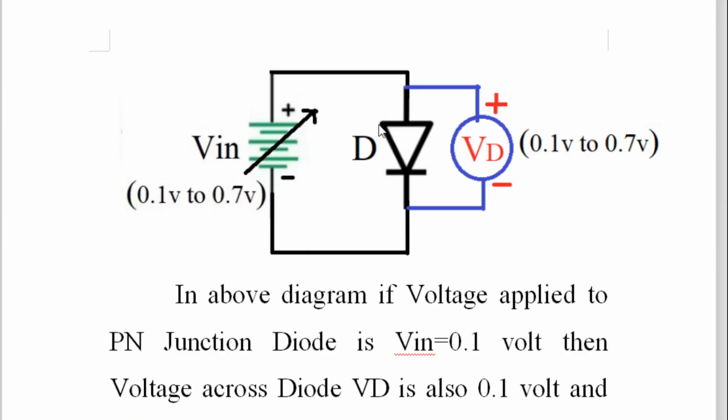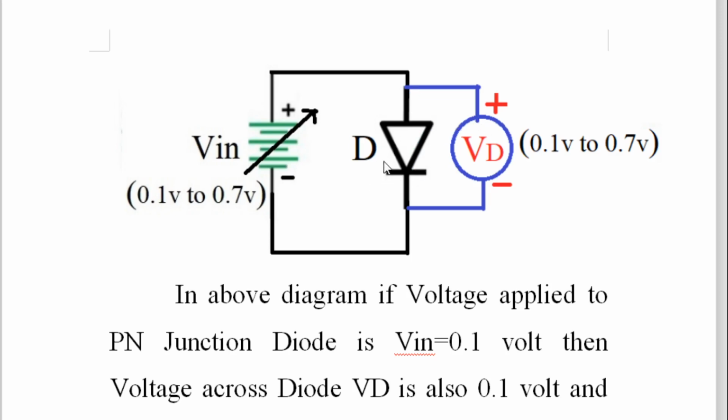Here, suppose we have taken anode and cathode and applied the input voltage Vin from 0.1 volt to 0.7 volt. Inside there is a barrier potential in the opposite direction, minus here, plus here. The diode is not conducting, and it is behaving as an open switch.